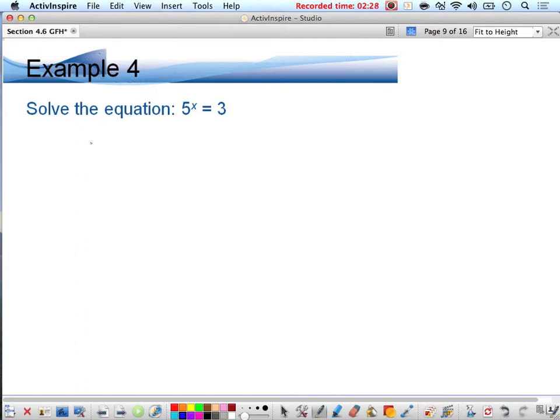So first we need to isolate the exponential. So 5 to the x is already by itself, right? Then you have to decide, would you like to use common log or natural log? Common log? Okay, so apply the log to both sides. So put a LOG in front of this one and a LOG in front of this one.